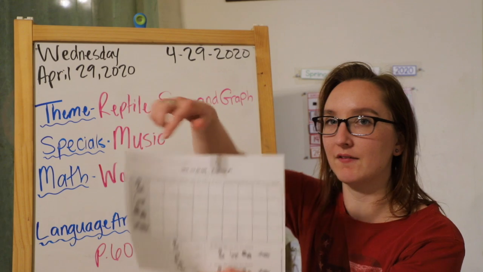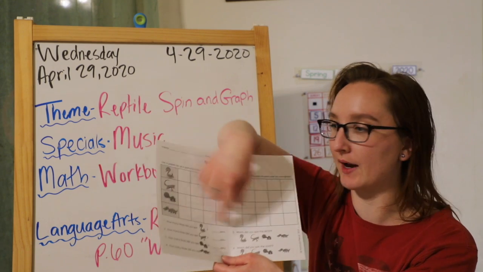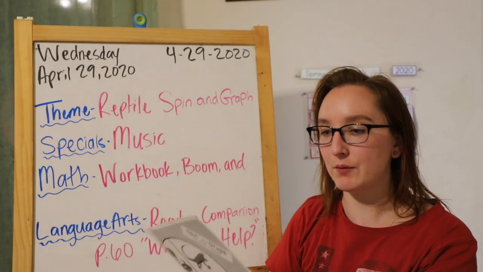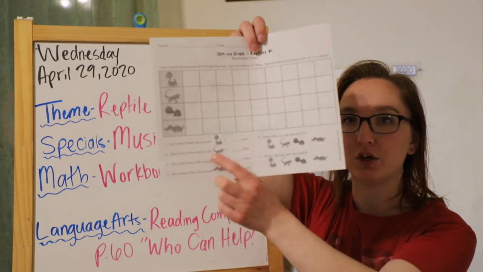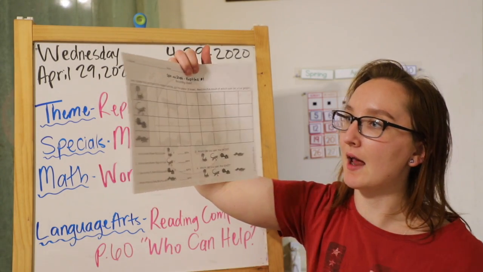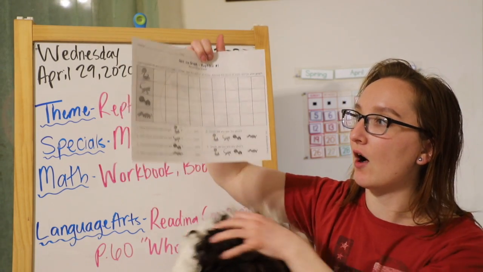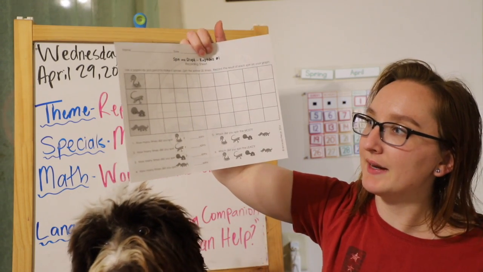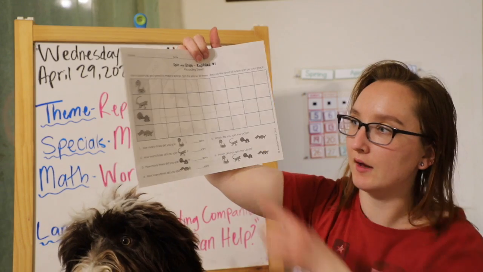Our goal isn't to fill out all of these squares, it's just to spin it that 20 times, see what you land on, and then there are a few questions at the bottom. So it wants to know how many times did you spin on the snake, and then you write that answer in. Number 2, how many times did you spin on the iguana? And you write that in.